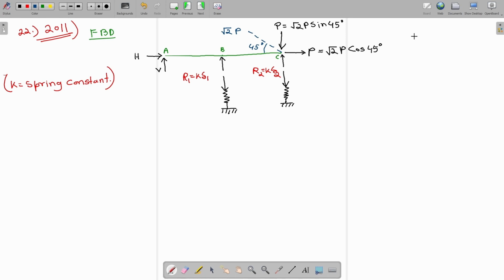We know both sine 45 and cos 45 are 1 upon root 2.